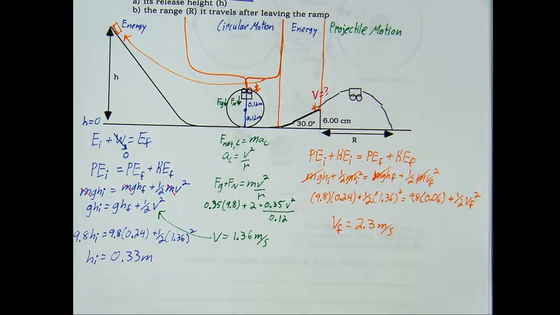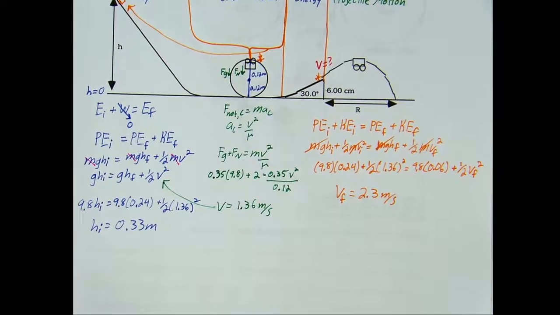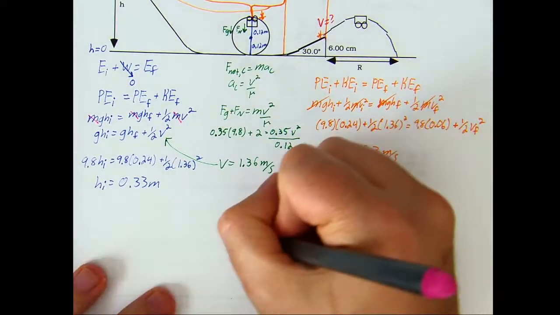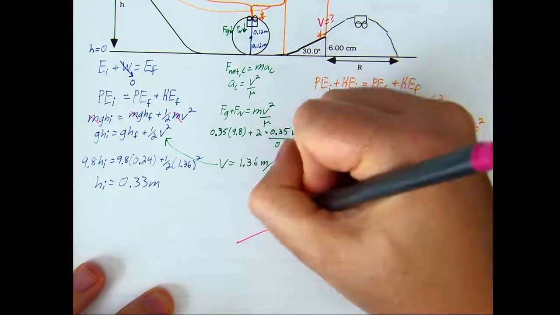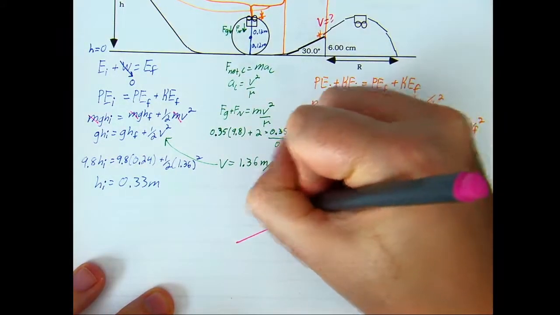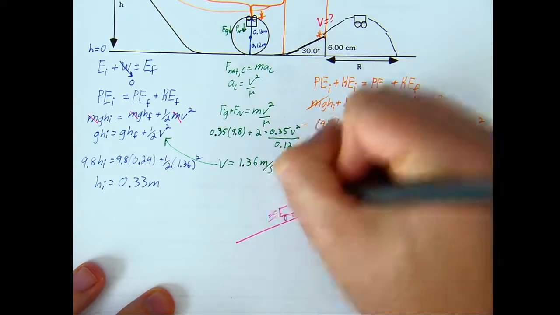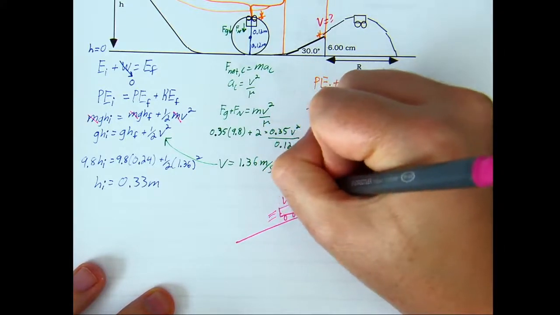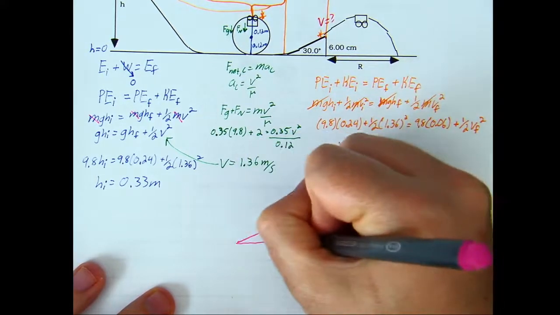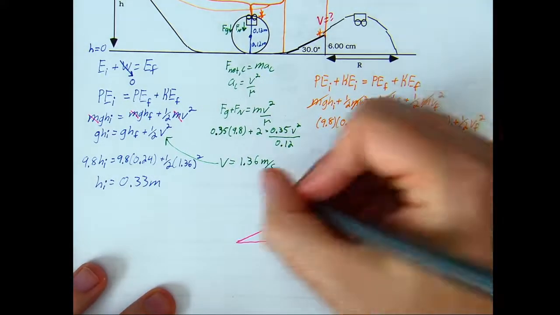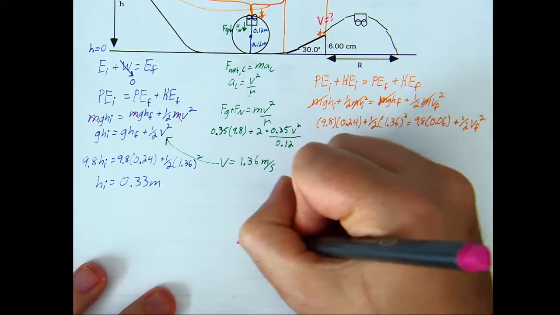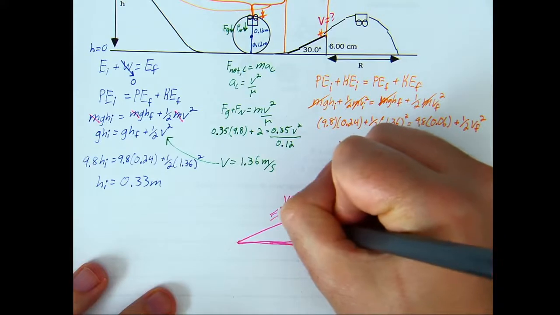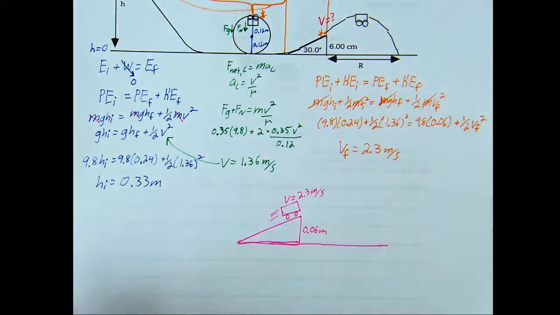And now this becomes a projectile motion problem. Let's do that section in pink. I'm just going to slide this down here. I'm going to redraw the problem. We've got the ramp. We've got the buggy at the edge of the ramp. It has a launch velocity of 2.3 meters per second. We know, based on the picture, that this is 0.06 meters, or 6 centimeters.